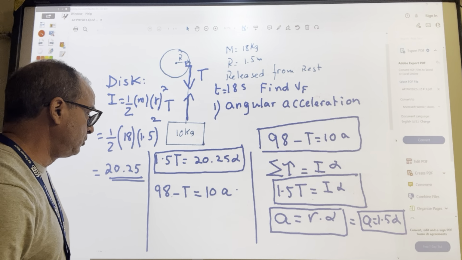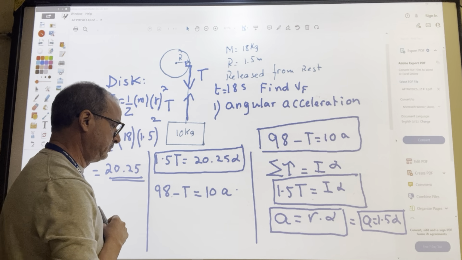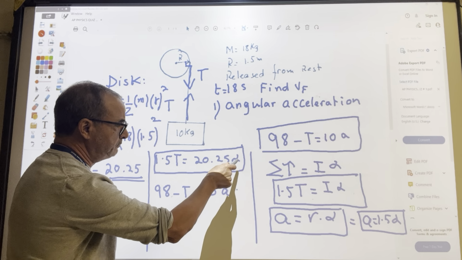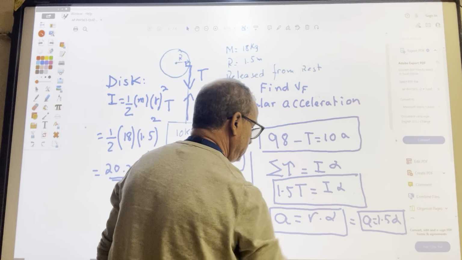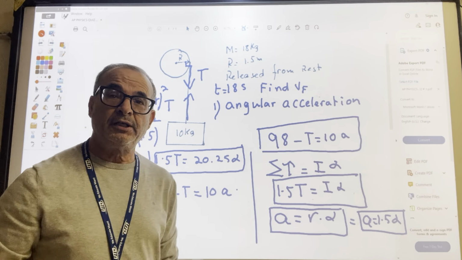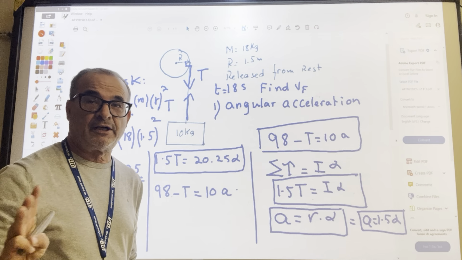Now, what do I do? Well, I have two equations. I have two variables, T and A, but we can change alpha in terms of A by using that equation. The whole thing is, if you have two equations, you have to have two variables. You can't solve two equations that have three variables.